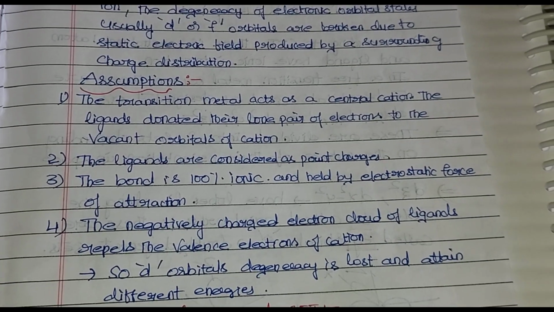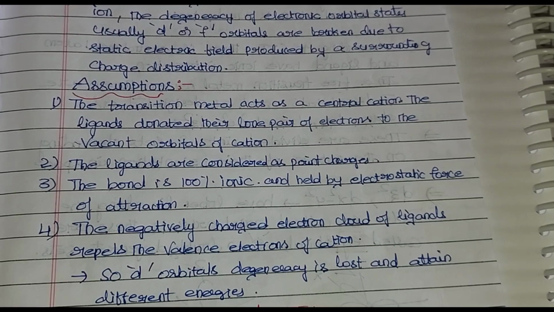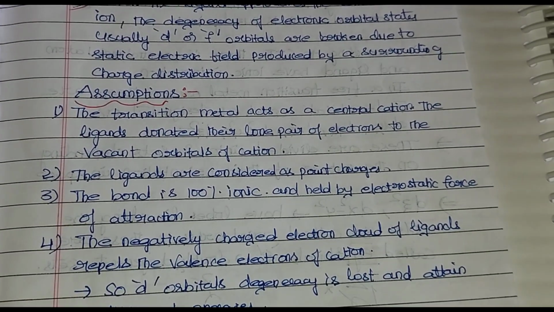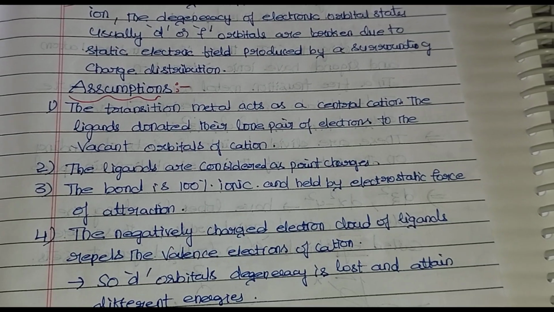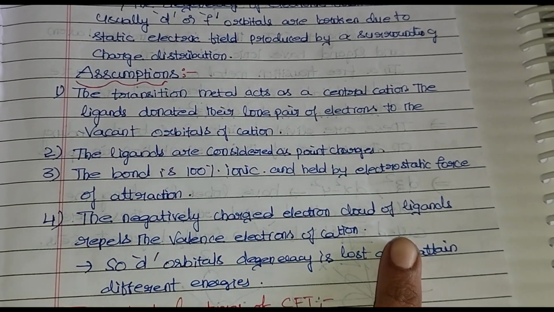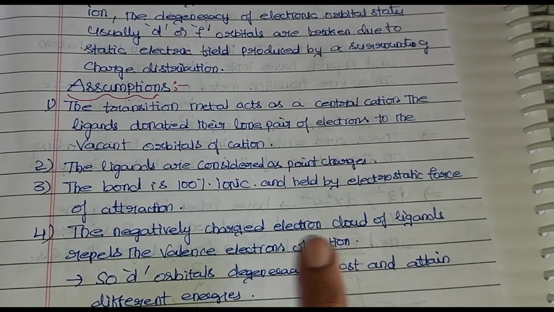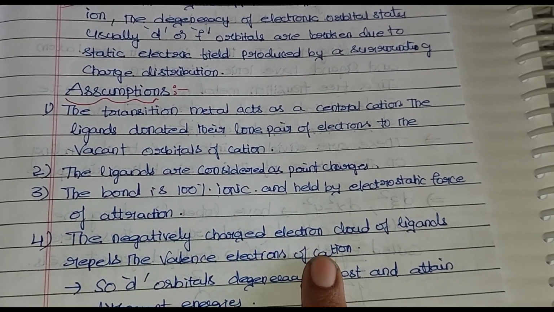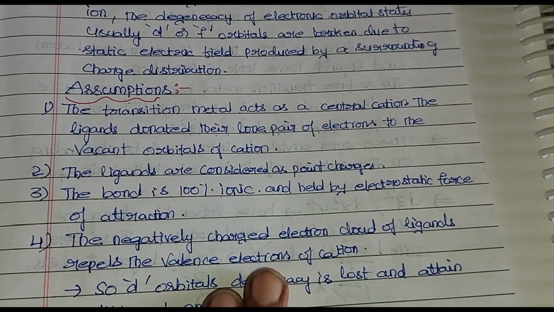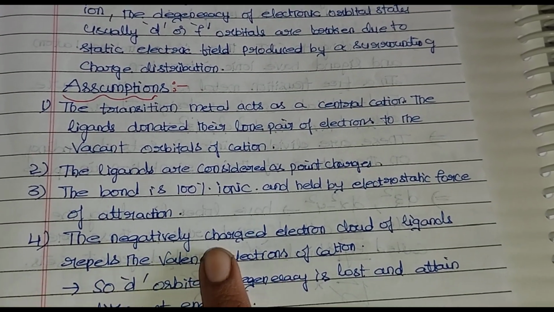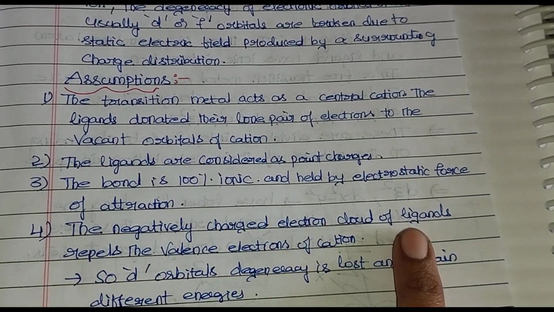As already told, the metal acts as a positively charged cation and the ligands are negatively charged. The negatively charged electron cloud of the ligands repels the valency electrons of the cation. The electrons present in the metal cation are repelled by the negatively charged electrons of the ligands.